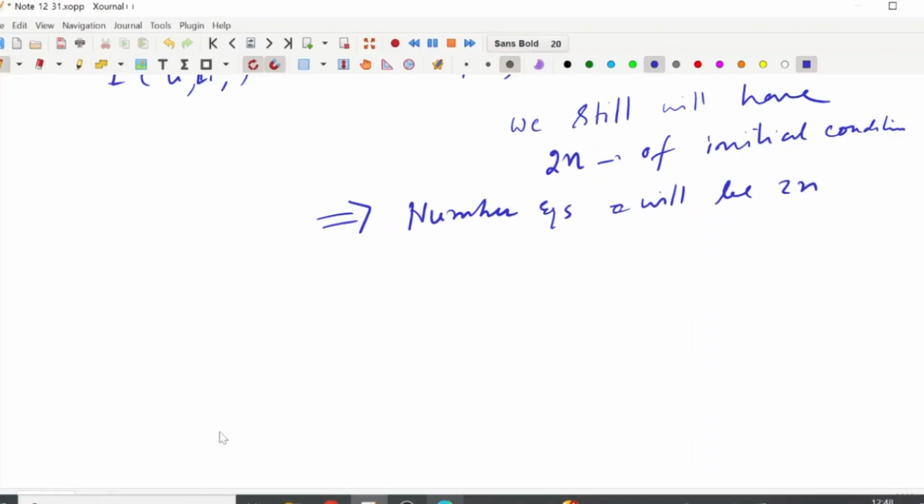The Hamiltonian formulation we are going to develop will have 2n first order differential equations. So, it is natural that we need 2n variables.